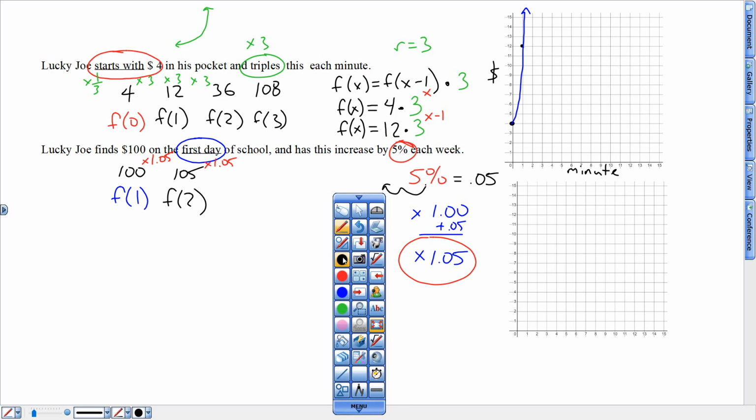And that gives me, for my third term, 110.25.